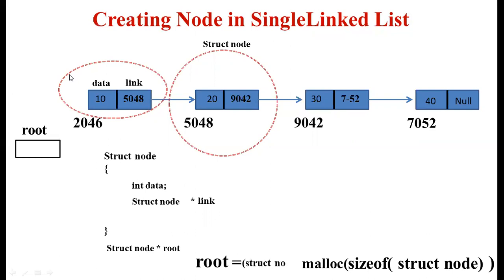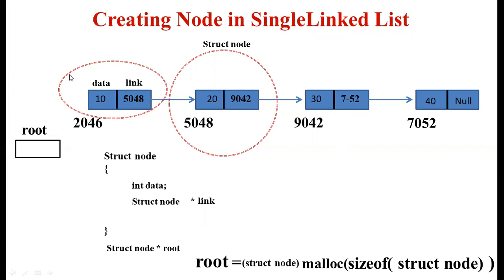So root is equal to, here we are converting into structure node pointer type. That is, we are doing the type casting. But we know that the malloc function's return type is void pointer, which is a generic pointer. These concepts we have already discussed in the dynamic memory allocation concepts in C programming language.